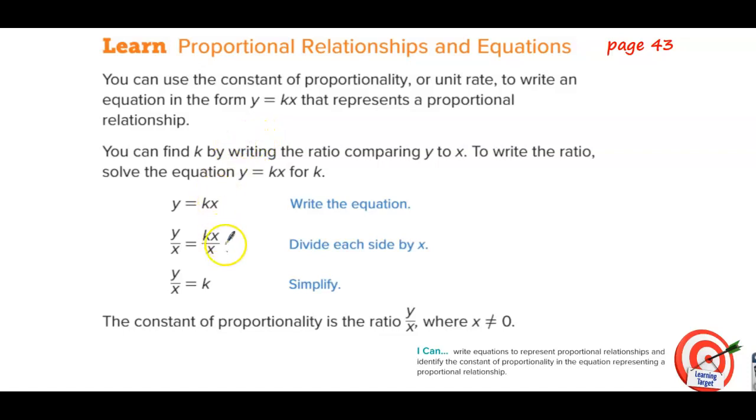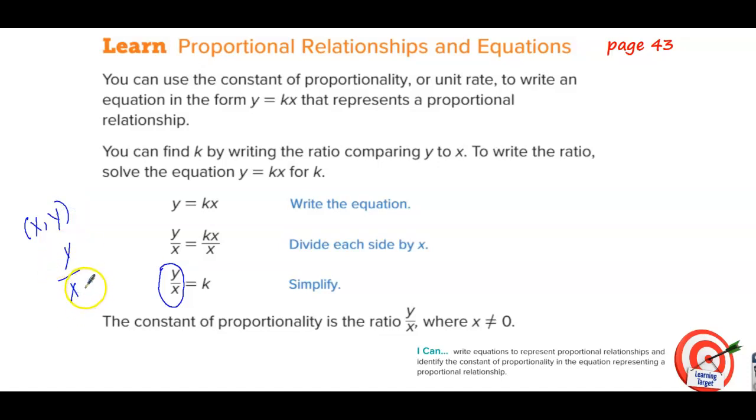This is a little blip here where they're trying to convince you that k has been derived, that they really found out that k was equal to this unit rate. Do you remember when we were looking at graphs of lines? I would tell you, pick any point on the line and write it as an XY coordinate. And then we took y and put it on top, and we put x on the bottom.